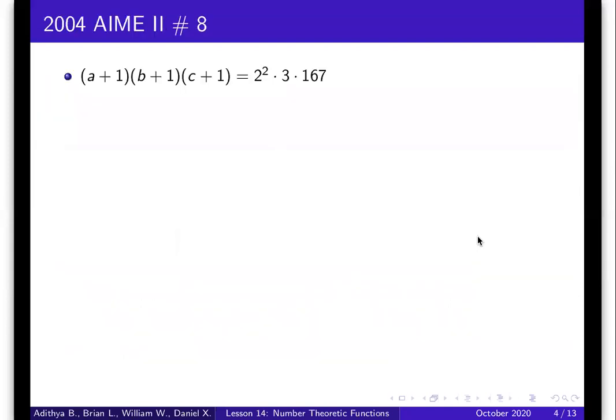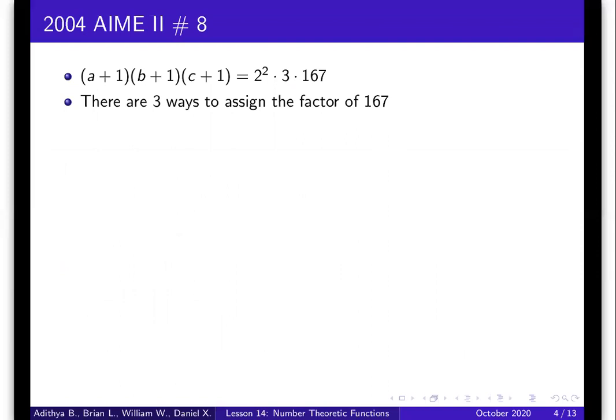So we'll now have to consider cases. There's one factor of 167 on the right-hand side. That means one of the 3 factors on the left-hand side has to be divisible by 167. So there's 3 ways to assign which one of a plus 1, b plus 1, and c plus 1 is 167.